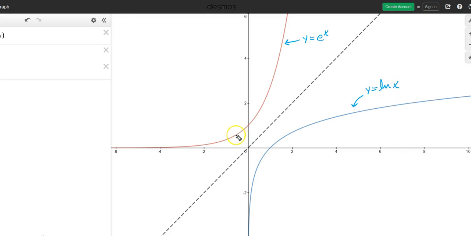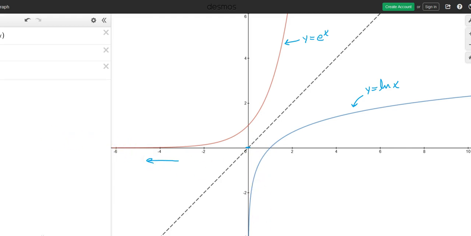So you can see that as x goes to -∞, the exponential function e to the x gets infinitely close to the x-axis, so it's approaching 0 right there, but it never actually crosses the x-axis. And that's because the natural logarithm, as x approaches 0 from the right, goes down to negative infinity.